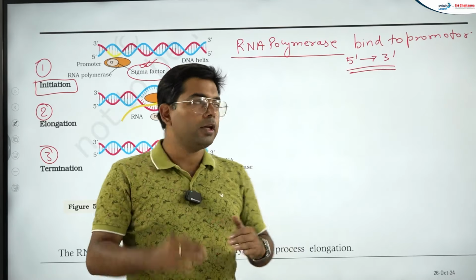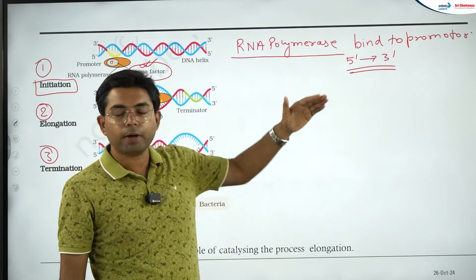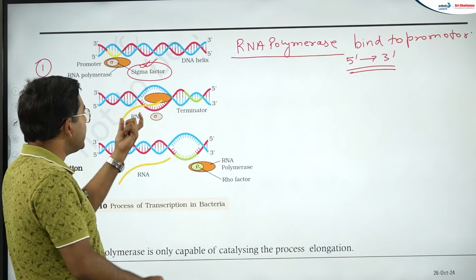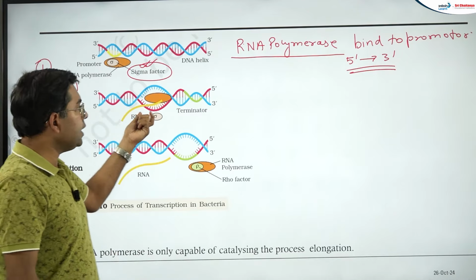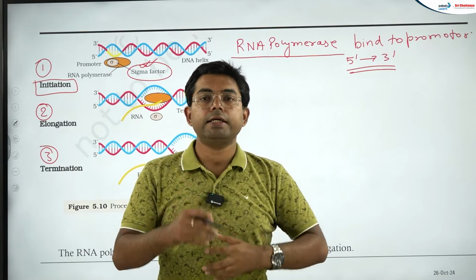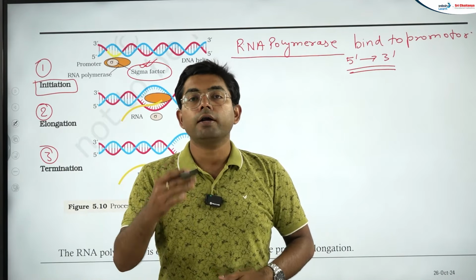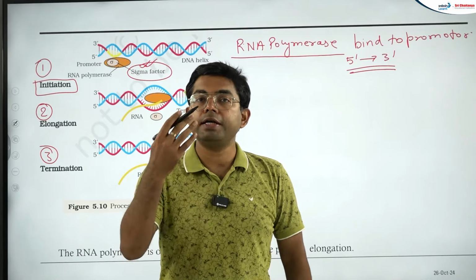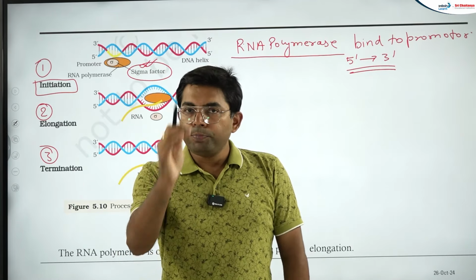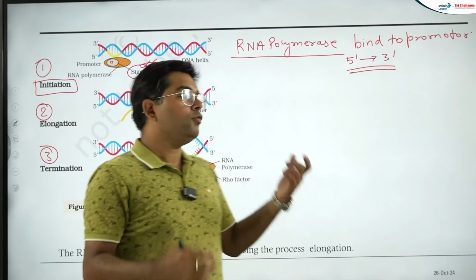The RNA polymerase will start moving in the 5' to 3' direction, and this movement will create RNA. The entire transcription works on the principle of complementarity, meaning an RNA complementary to the DNA segment will be created.